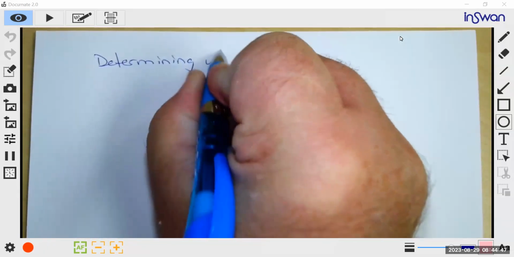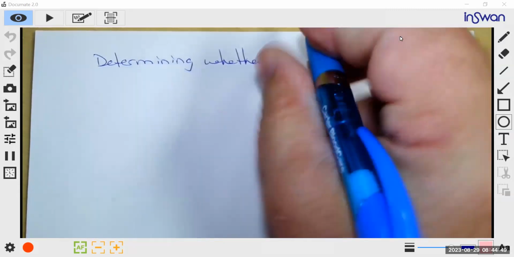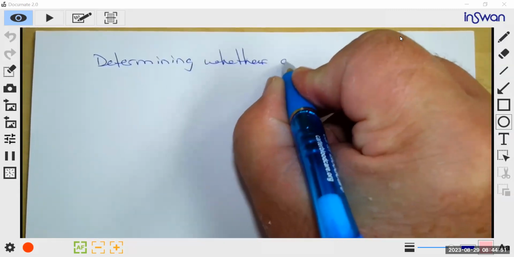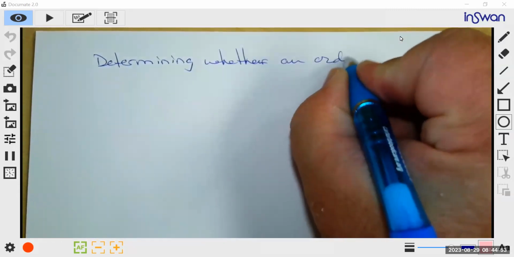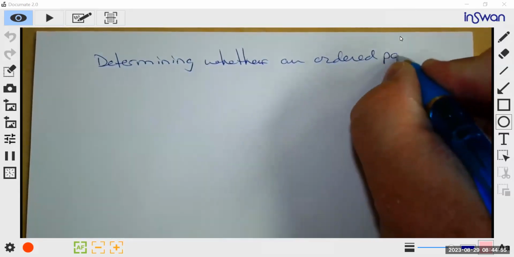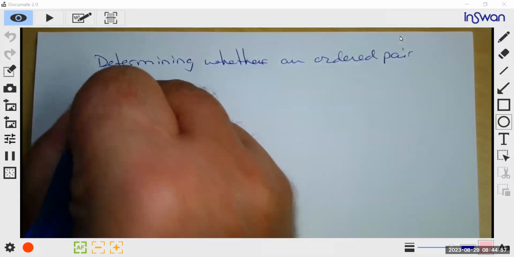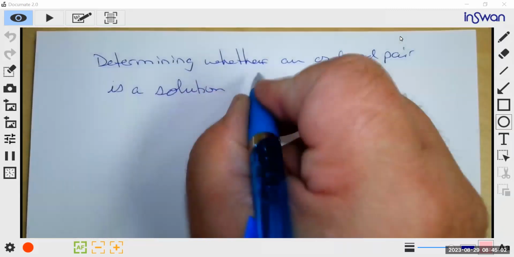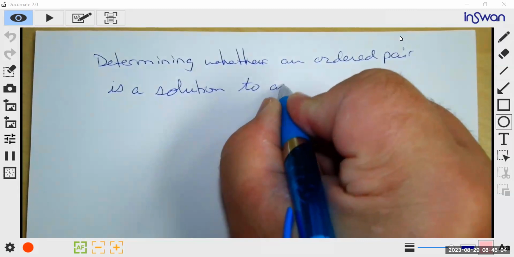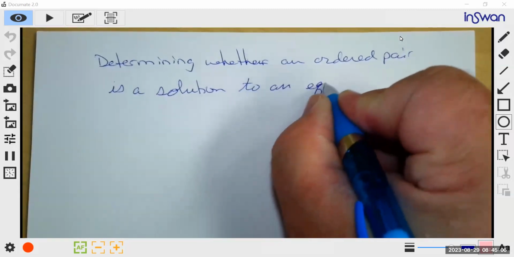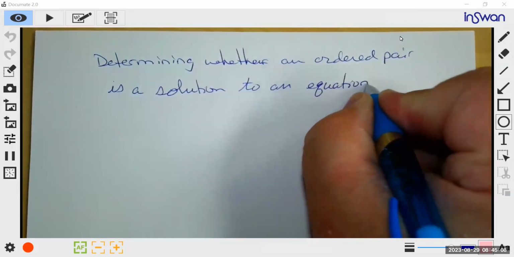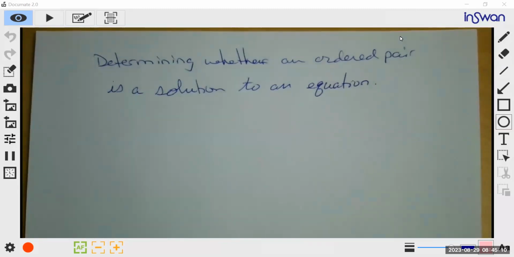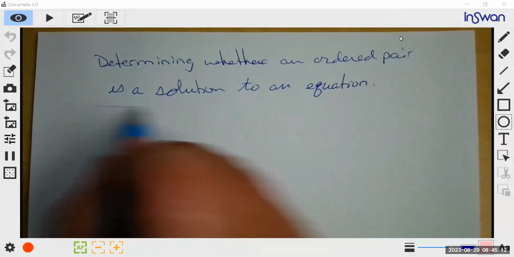Determining whether an ordered pair is a solution to an equation. What does that mean?